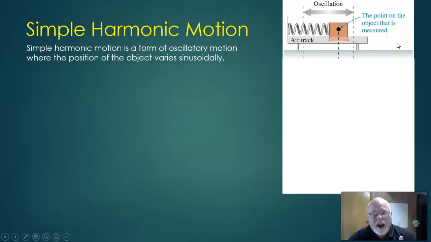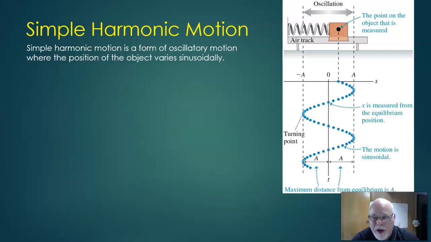Now, if we were to graph out the position, the distance from the equilibrium as a function of time, and we were just to take snapshots, say we had a sonic ranger down here that was measuring position every so often, then if we were to graph out those specific positions as they flowed out over time, we would get a graph that looks something like this. Now, this graph's going to be turned sideways, so be prepared for that.